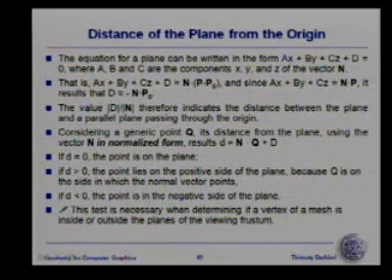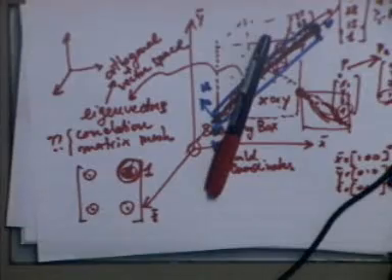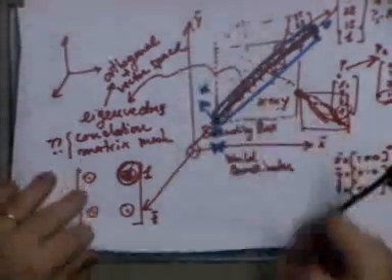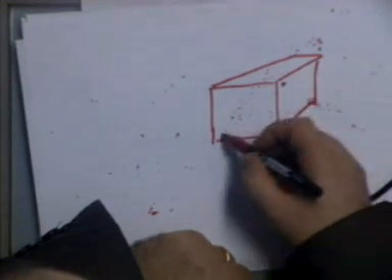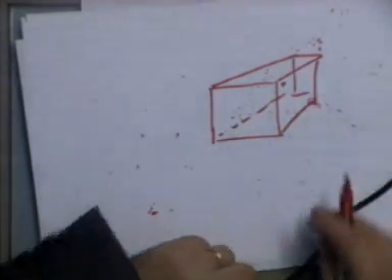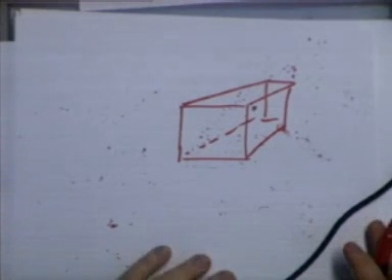If you think about a viewing volume, you can think about a viewing volume as a frustum. Frustum is a piece of pyramid.